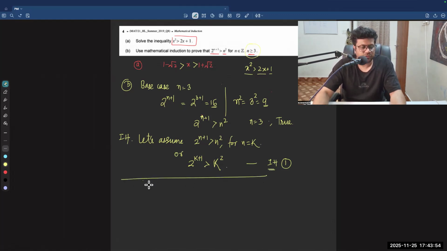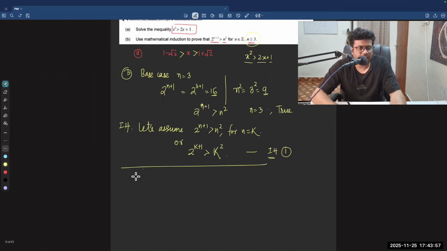And now we do the actual proof, where we have to prove that for n equal to k plus 1, 2 to the power of k plus 2 is greater than k plus 1 whole square. What do I do here?